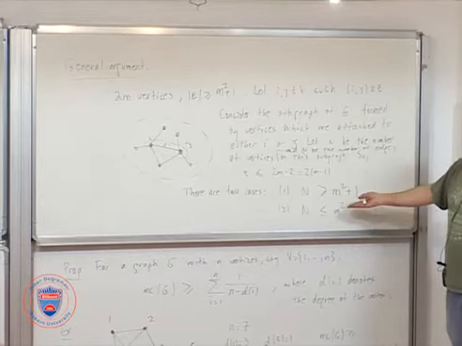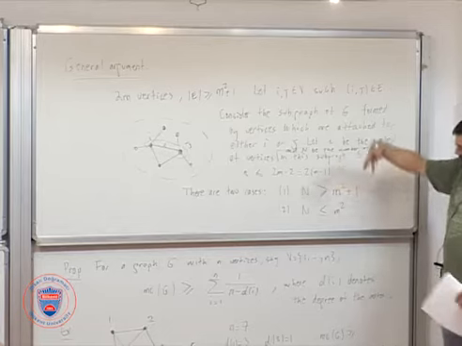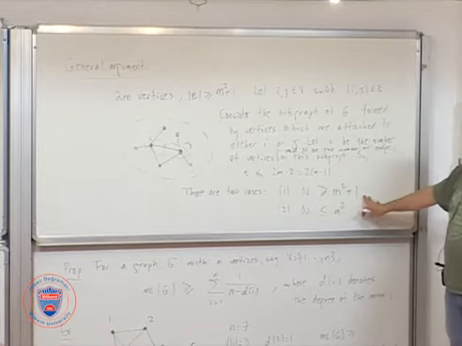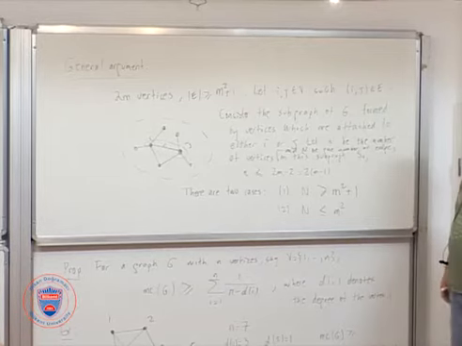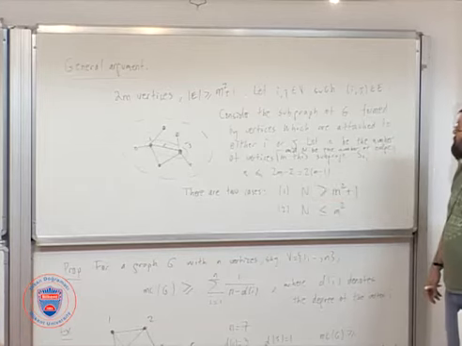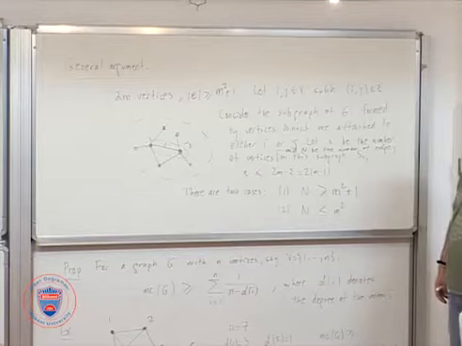This is a typical induction situation where you're looking at a subgraph with fewer vertices, and if it has a lot of edges, then you get a triangle. What is the condition to get a triangle if I have m minus 1 edges?